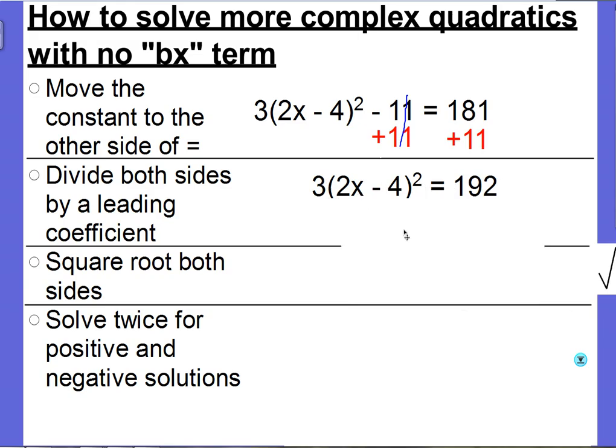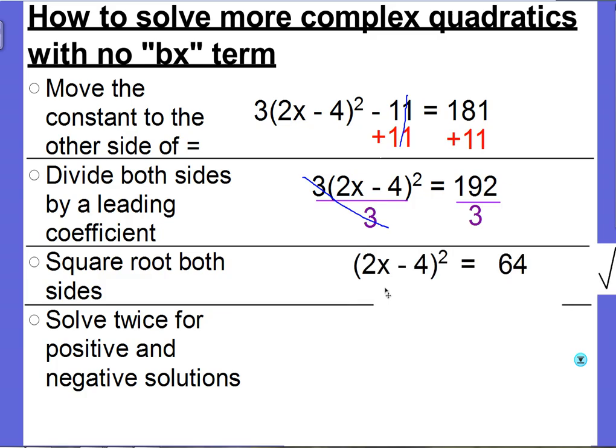I'm going to divide both sides by 3. That cancels out those 3's, and I bring that down. And 192 divided by 3 is 64.